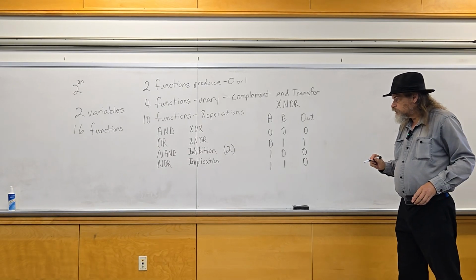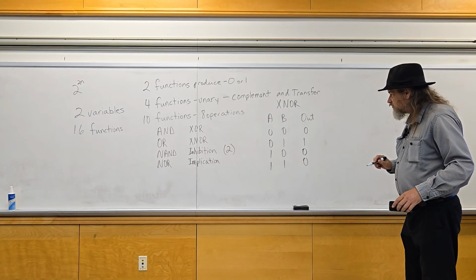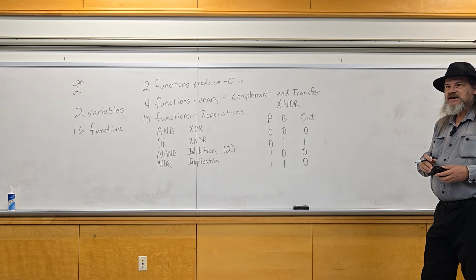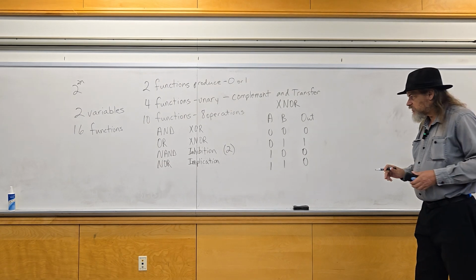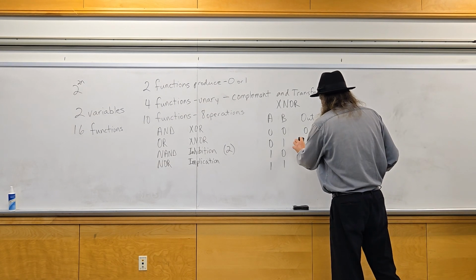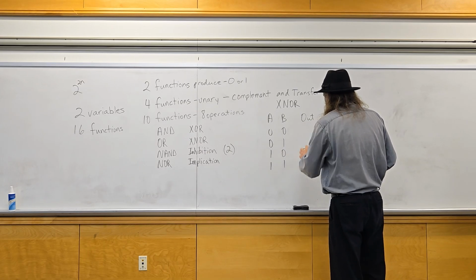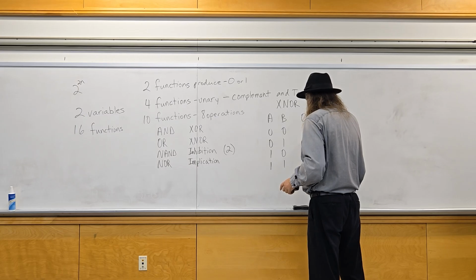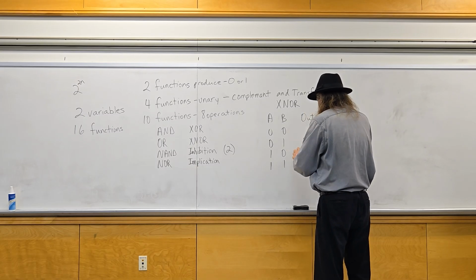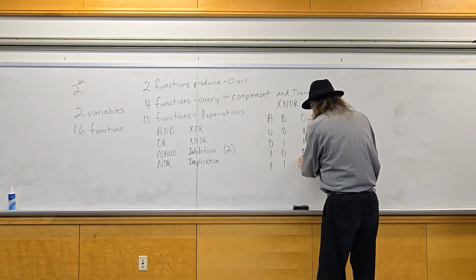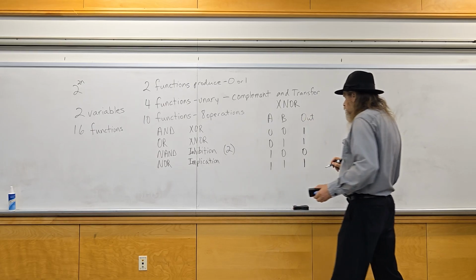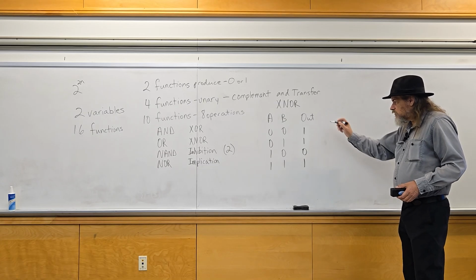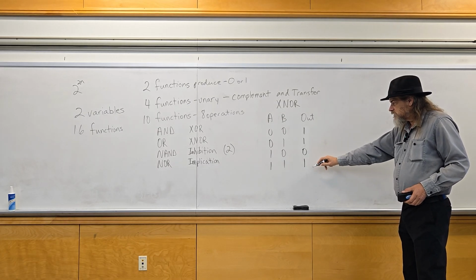All right. Now, implication is the truth table for if-then, if you've had discrete structures already. It is the inverse of inhibition. A implies B would look like this, 1, 1, 0, 1.